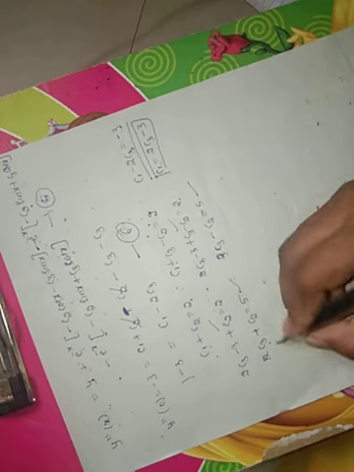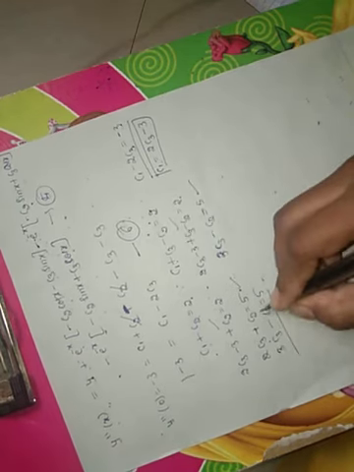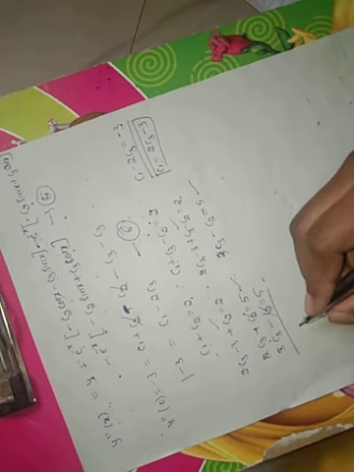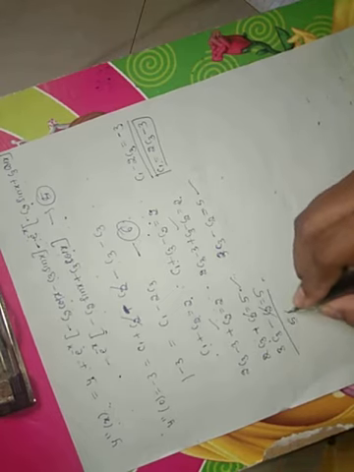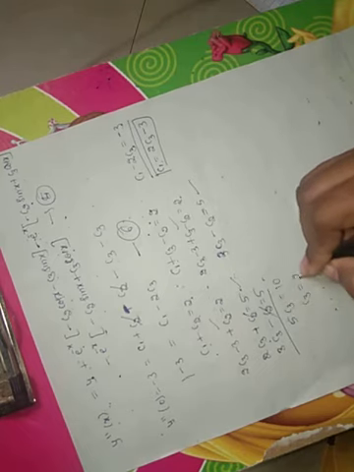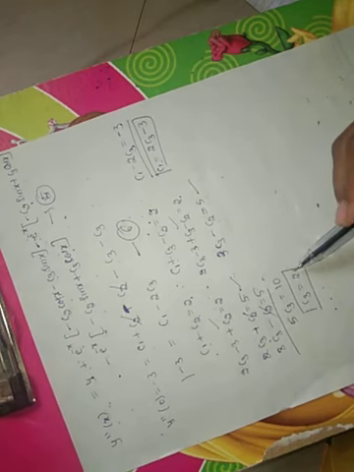Solving these two, 3C3 minus C2 equal to 5, C2 C2 cancelled, 2C3 plus 3C3 becomes 5C3, 5 plus 5 equal to 10, C3 equal to 2. Substitute C3 in any one equation.